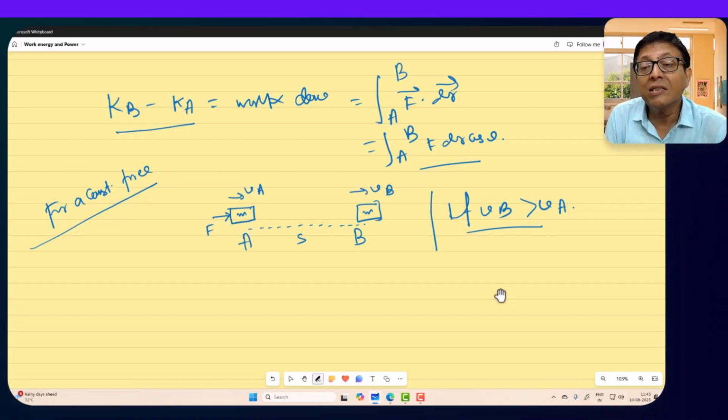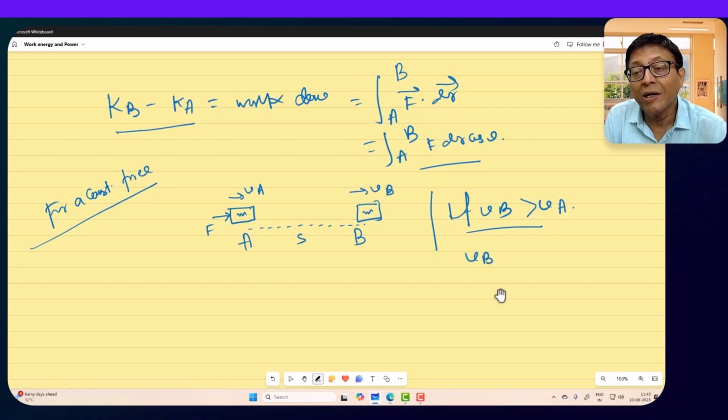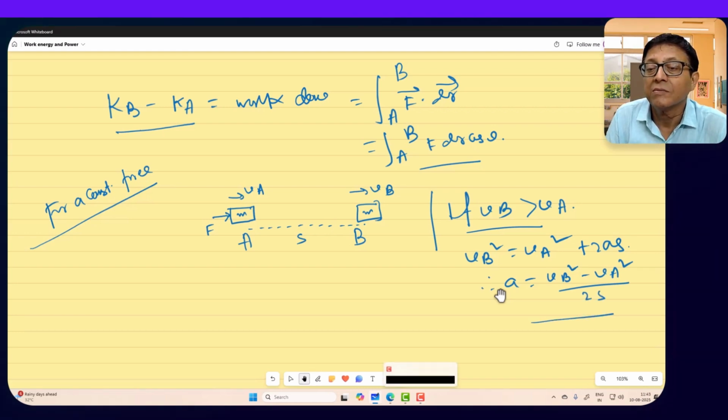In going through this distance, velocity changes from A to B. So Vb square equals Va square plus 2as. A is going to be what? Vb square minus Va square by 2S. So the force acted on the particle is how much?